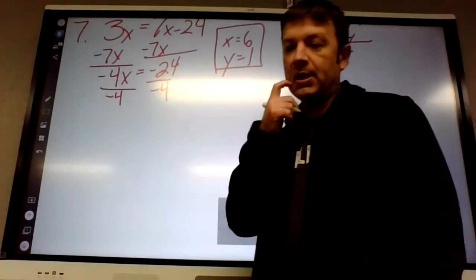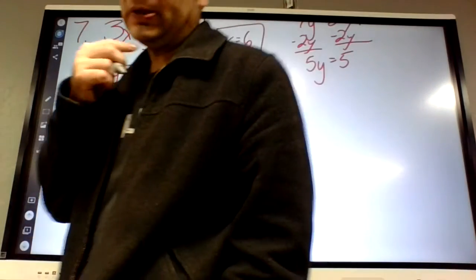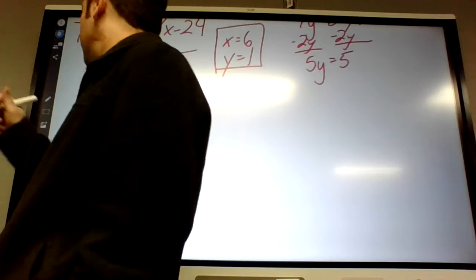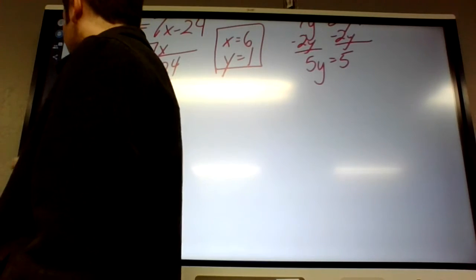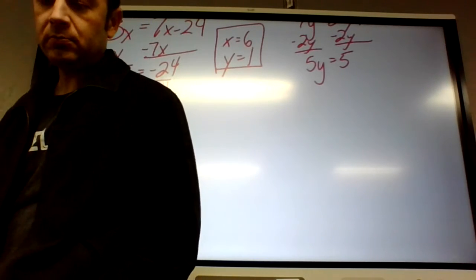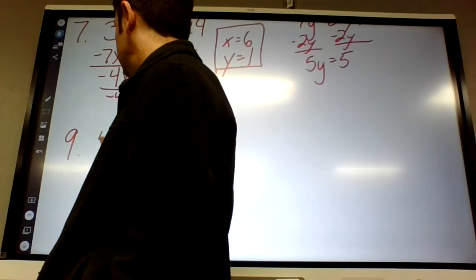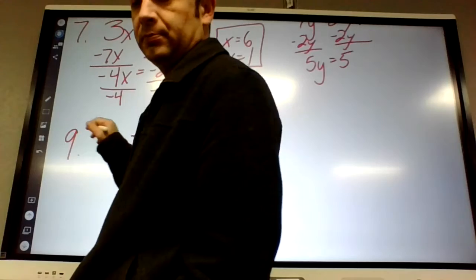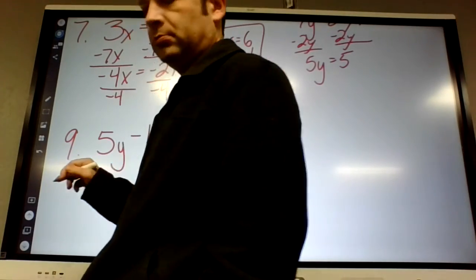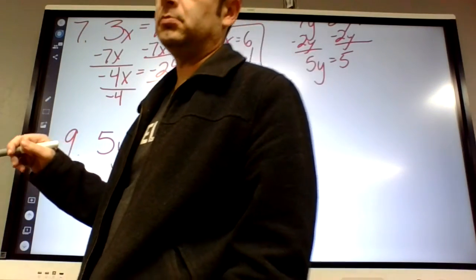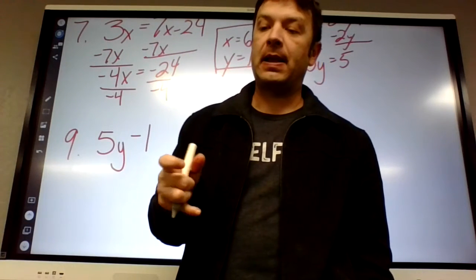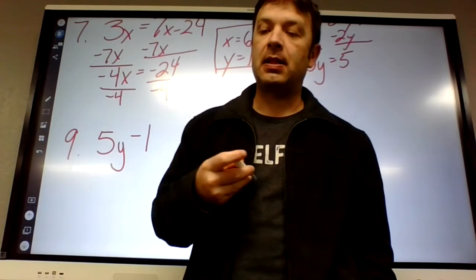Okay, number 9. So what has to be true about these angles? How can we solve for x and y on 9? How do we set up the angles on number 9? Like 4x equals 2x plus 4.